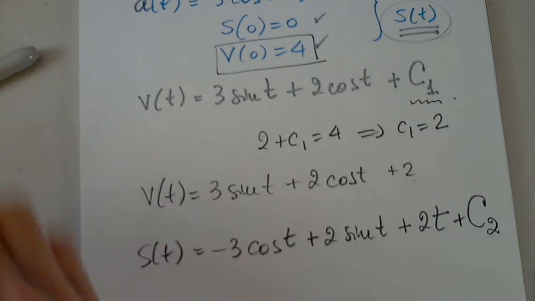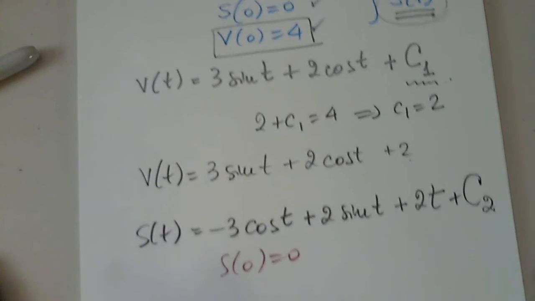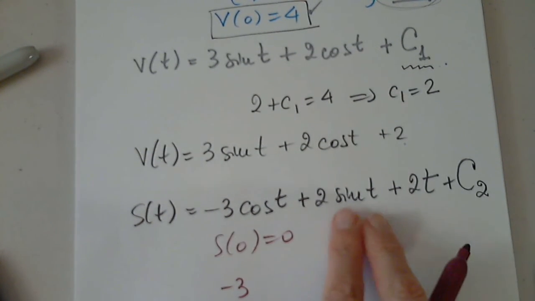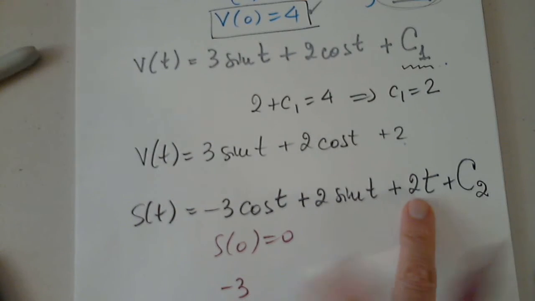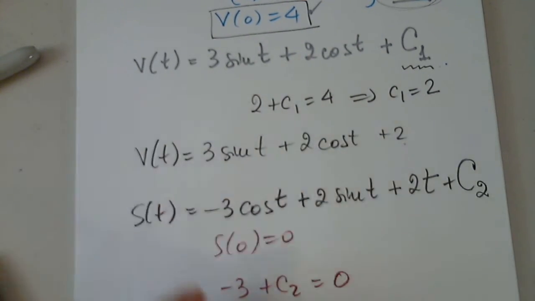I do have one more piece of information. I am told that s of 0 is 0. When I plug in 0 here, it's 1, so I have negative 3. When I plug in 0 here, it's gone. When I plug in 0 here, it's gone. Plus c2 equals 0, which makes c2 equals 3.